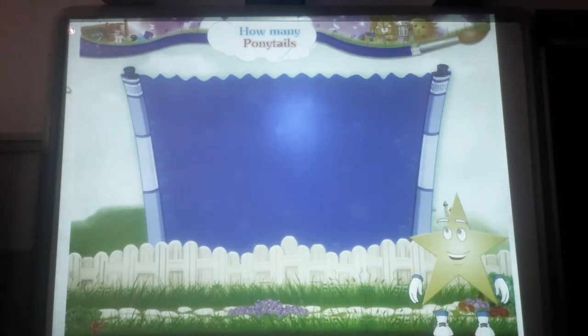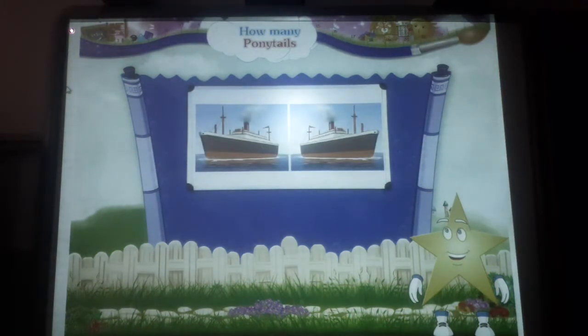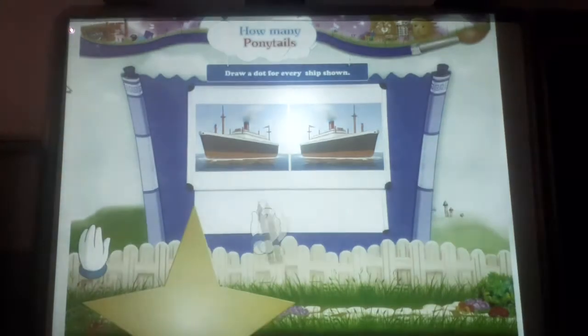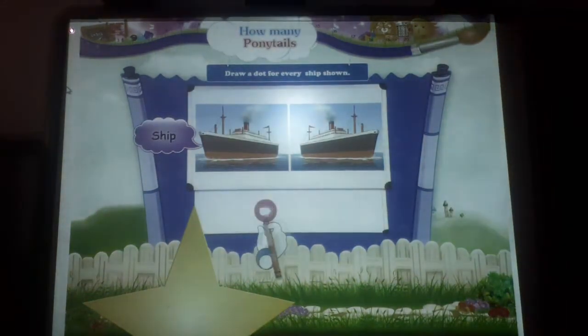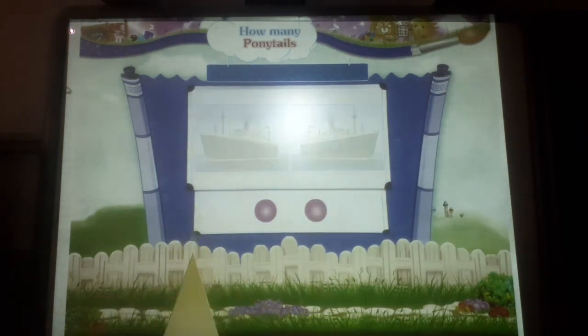Starry, now let's have some fun. There are some ships shown here. Let us draw a dot for every ship shown. A dot for this ship and a dot for this ship.